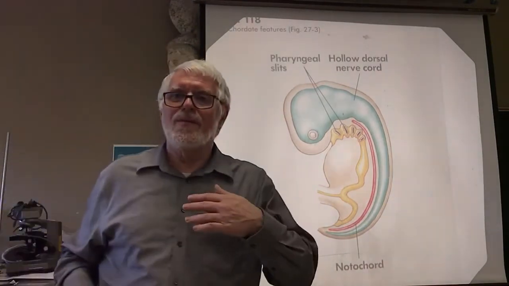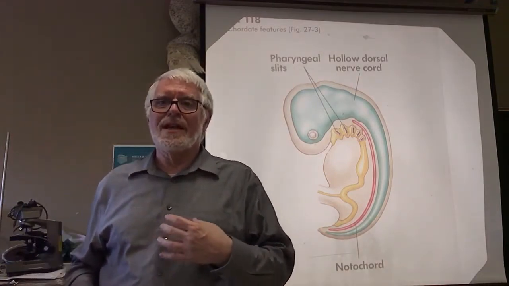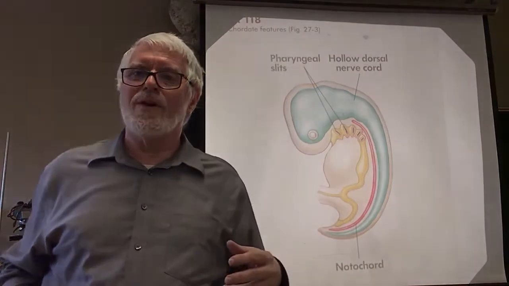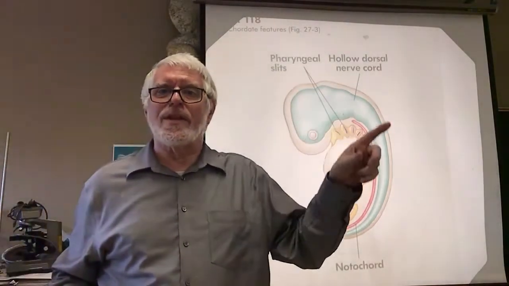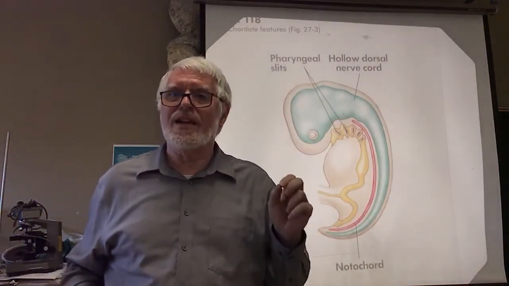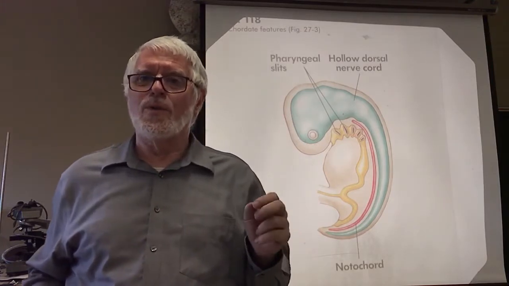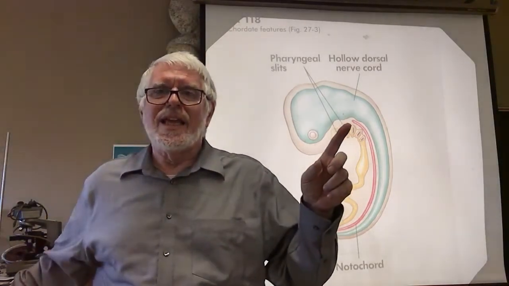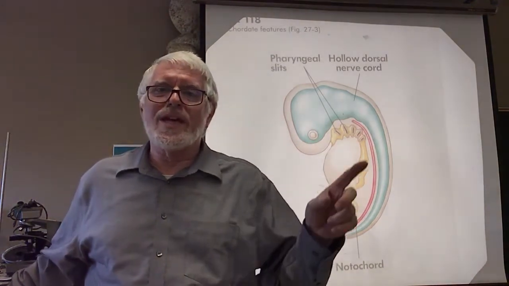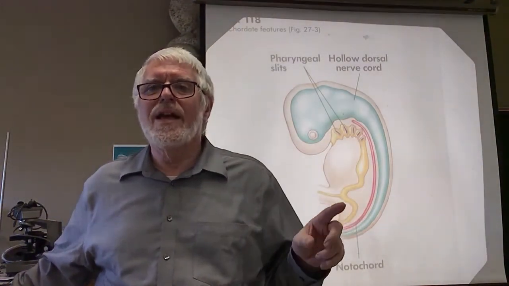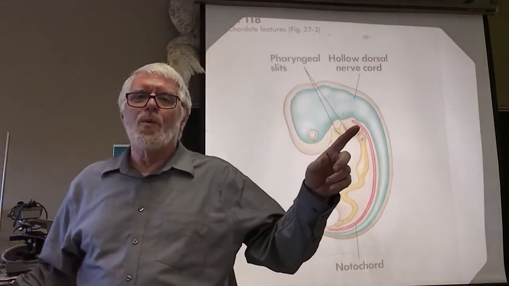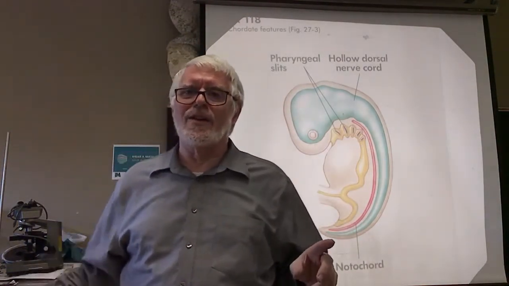Remember the ventral double nerve cord in the annelids and the arthropods? This is the other one. This is a dorsal single hollow nerve cord in chordates. Now we only had this as an embryo. In vertebrate chordates, chordates with backbones, it's not a skeletal element.